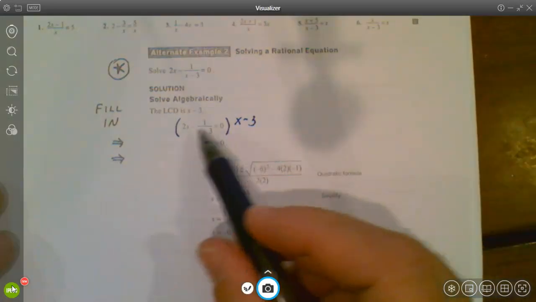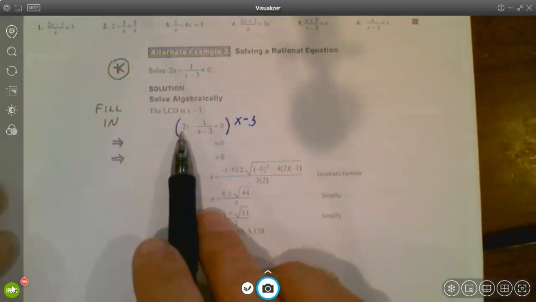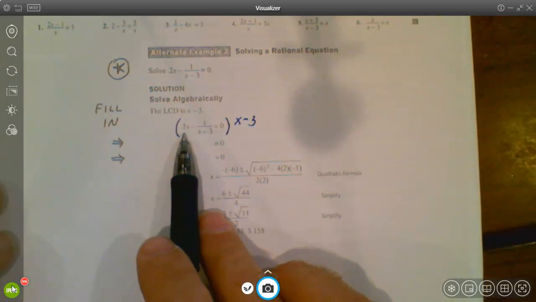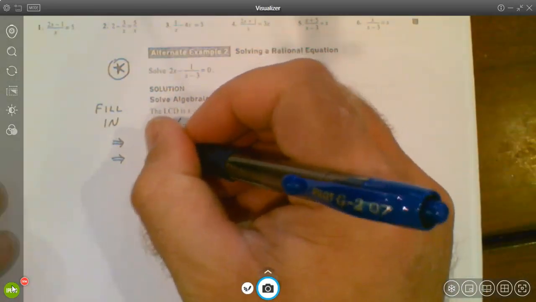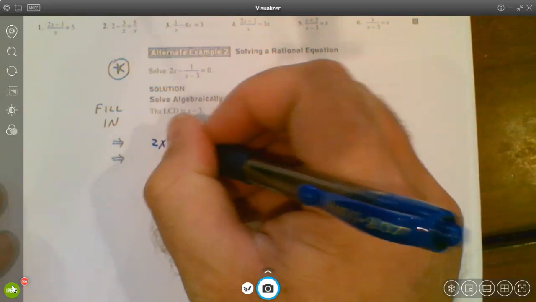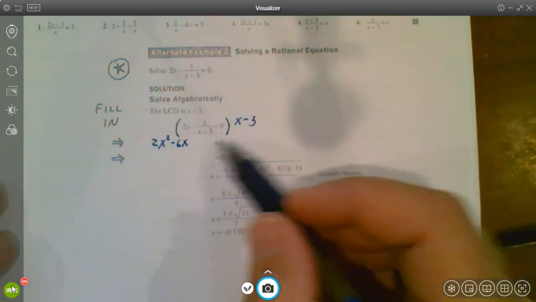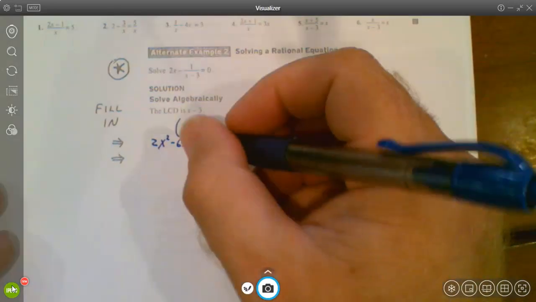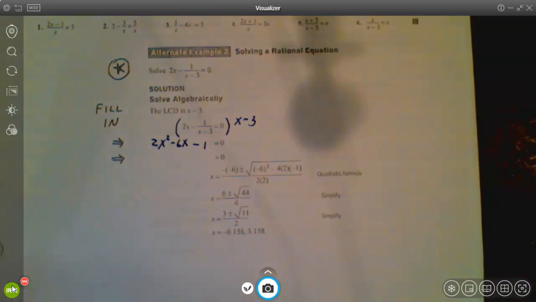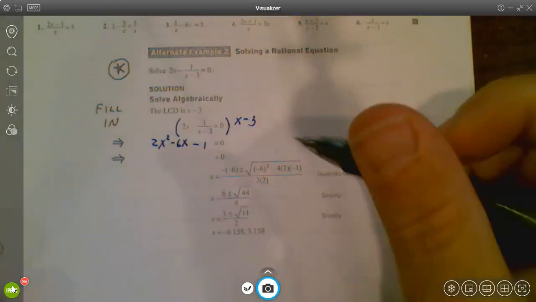So when I multiply that times my first term, it would become 2x squared minus 6x. When I get to the middle term, my x minus 3's would cancel, and I'd be left with just the minus 1. And we get that quadratic equation right there.